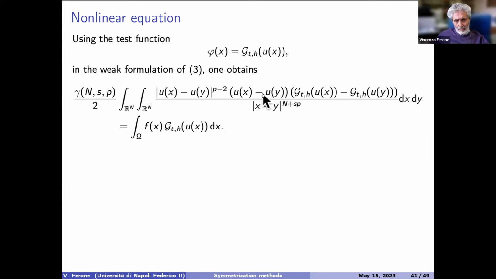Well, we have observed that if we use the same test function, we end up with the same integral as before. Here there is n plus sp. Here there is this power p minus 2.